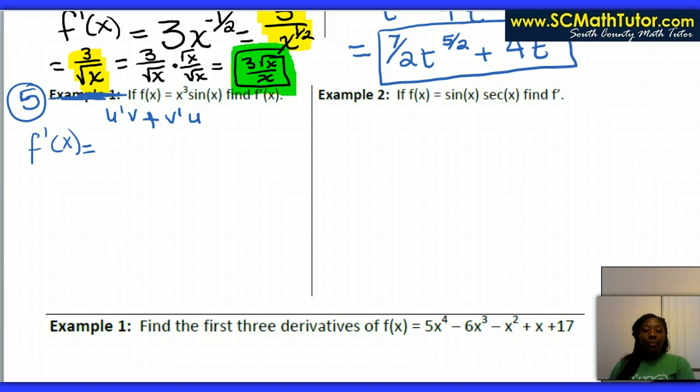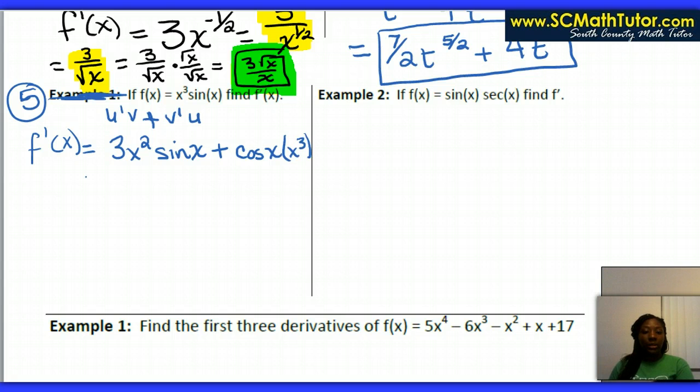All right, so this is my u, so the derivative of x cubed is 3x squared times v, sine of x, plus v prime u, the derivative of sine of x is cosine of x, times x cubed.